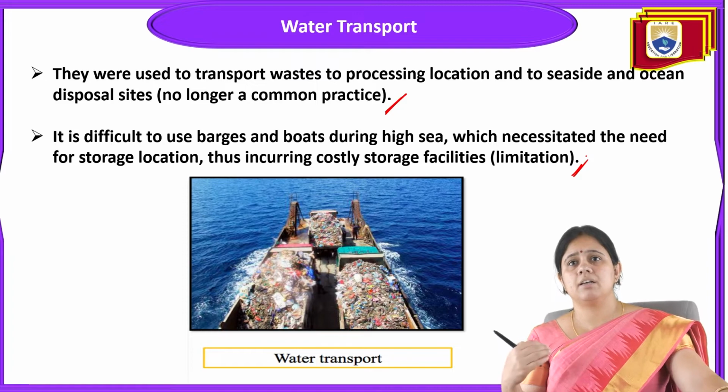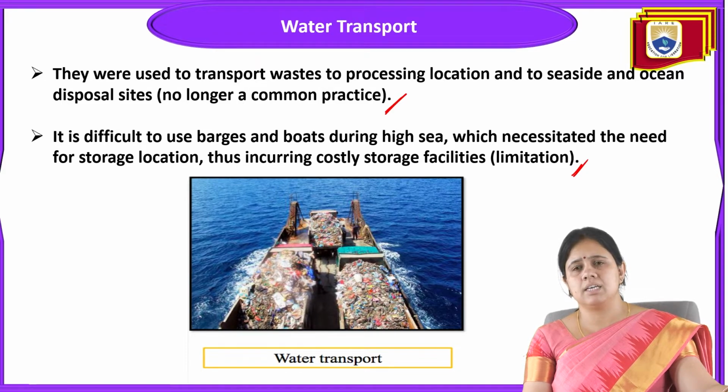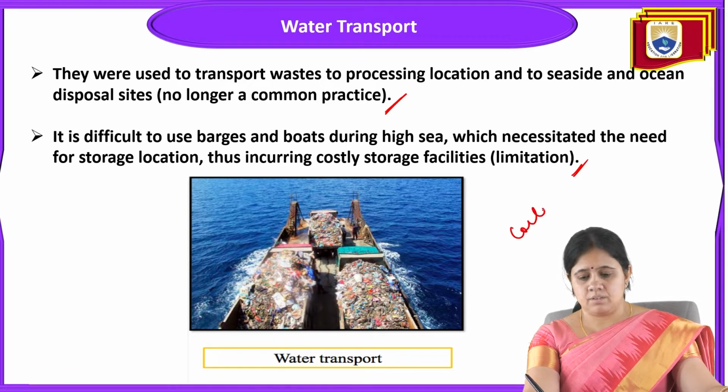Sometimes it is a costly affair. That's why water transport is now not followed: if you go on the high sea, the tides are too much, and this needs some storage location in the deep sea. That's why it comes under a costly affair.